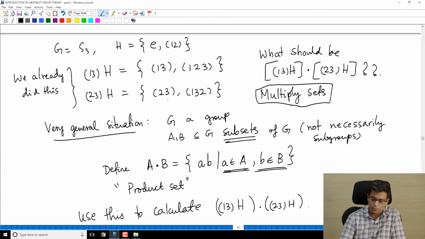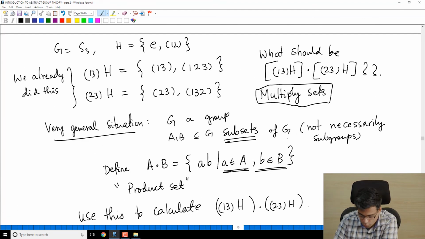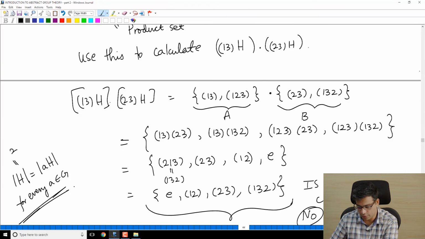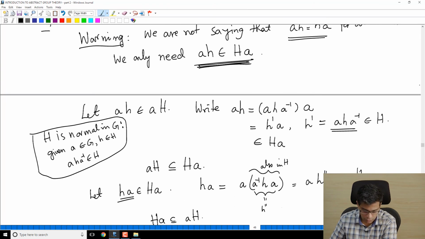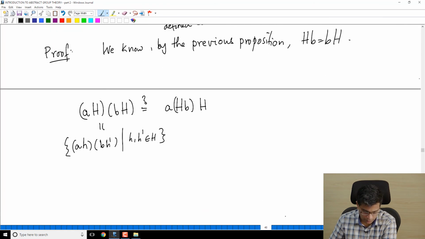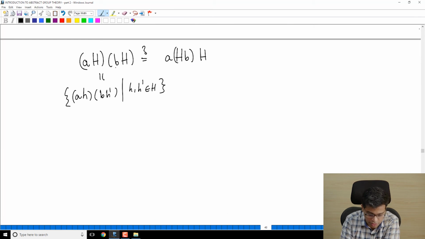If you have two subsets of a group, the product is defined to be ab, where a is in A, b is in B. This is the definition of product of subsets that we will always use. So in this case, I am applying this definition to AH and BH. AH is the set A small h, BH is the set B small h prime. I just want to use a different letter because you have to vary all elements of capital H.